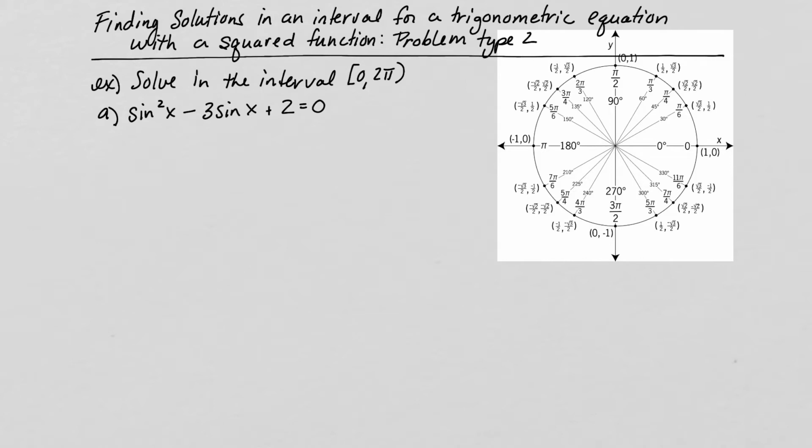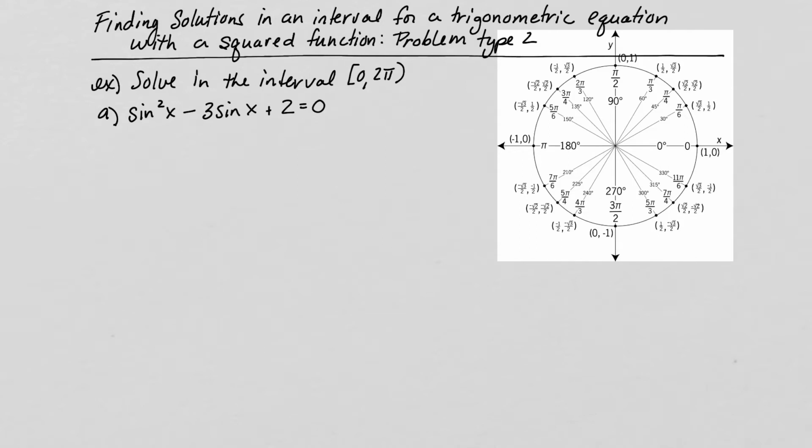In this case, because I have a sine here and it's squared, and I have a sine here and it's not squared, I can't just solve for the trig function. So what I actually need to do is factor this.